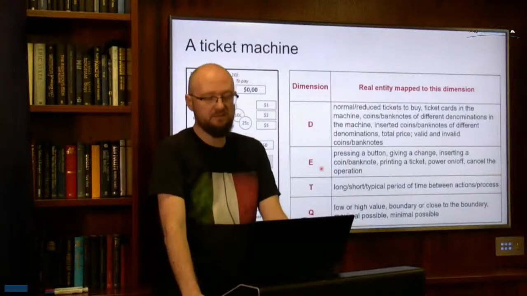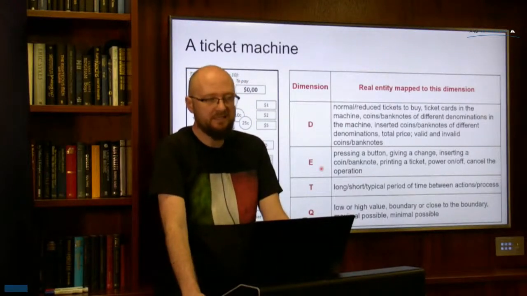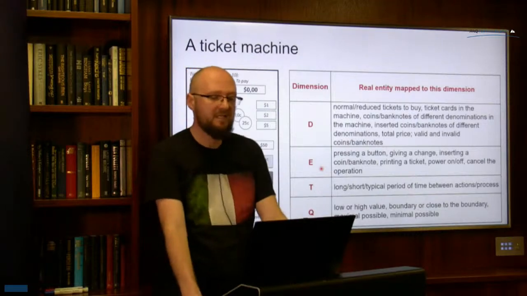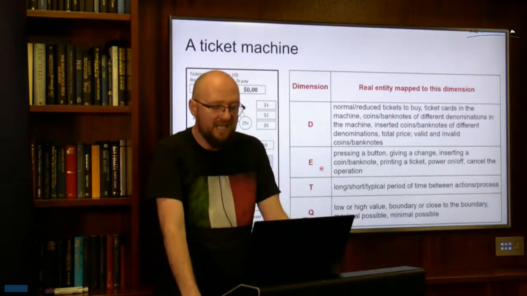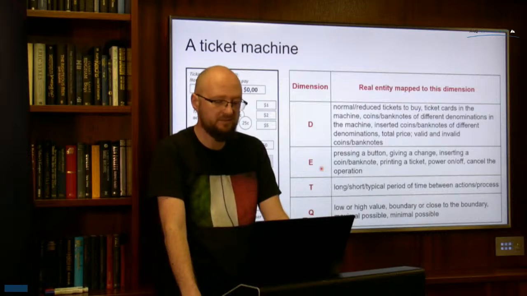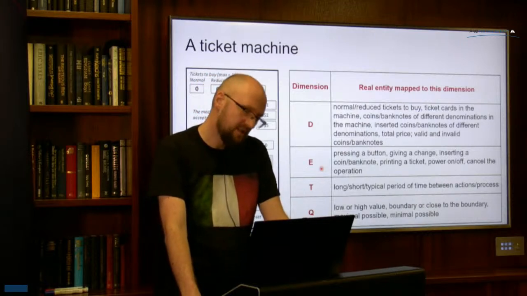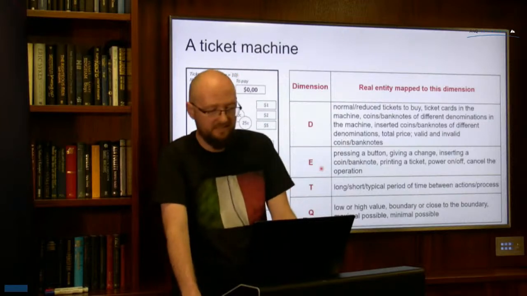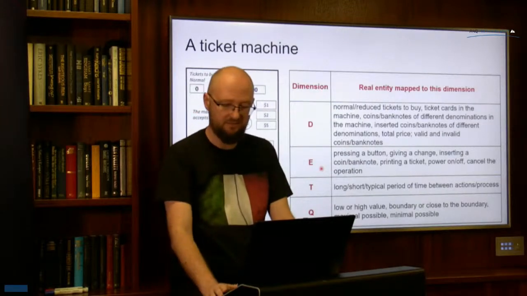As for time, we can consider, as I said before, different time-related concepts like long, short, or typical periods of time, this parallel thing, this constant thing, and so on. And for quantity, as I said also before, we can consider low values, high values, boundary values, maximal values, and so on and so on.